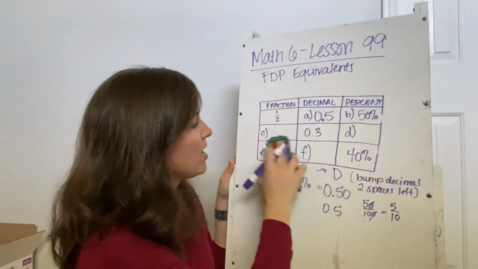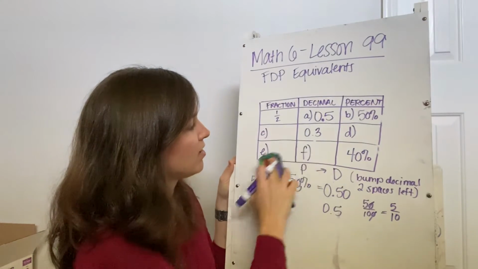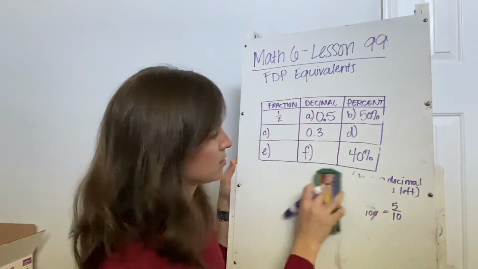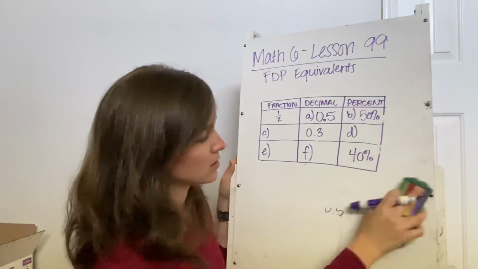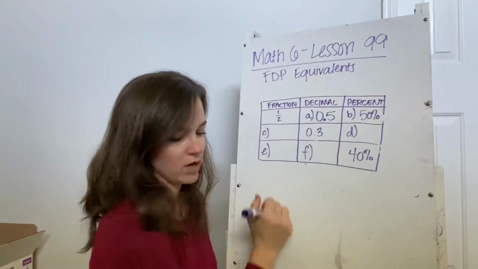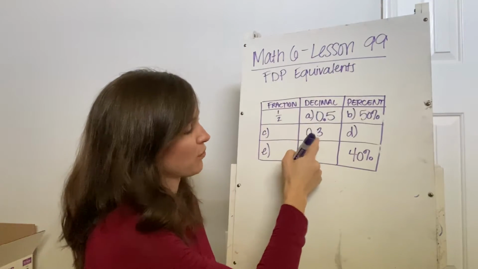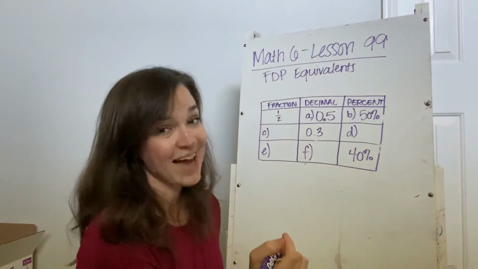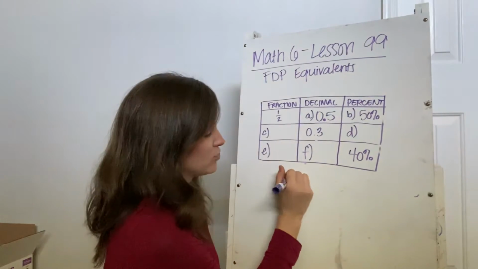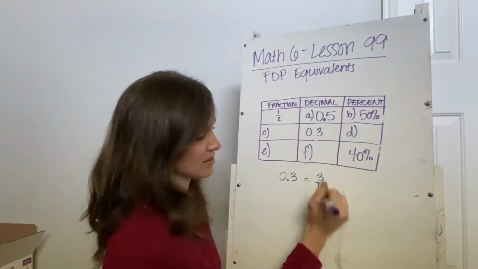Now in this row, we're given a decimal of 0.3. If we've got a decimal of 0.3, we can read that, kind of like I just referenced with the last one, using place value as 3 tenths.